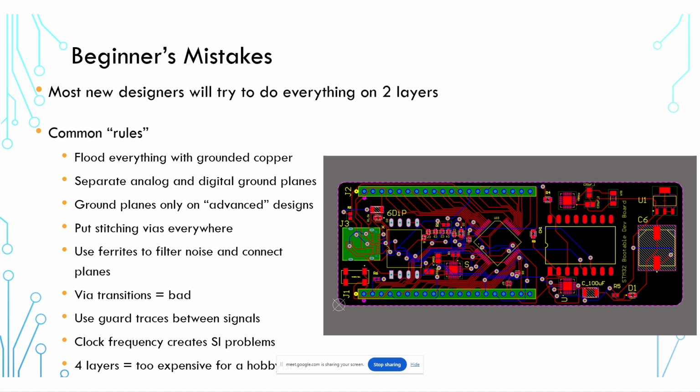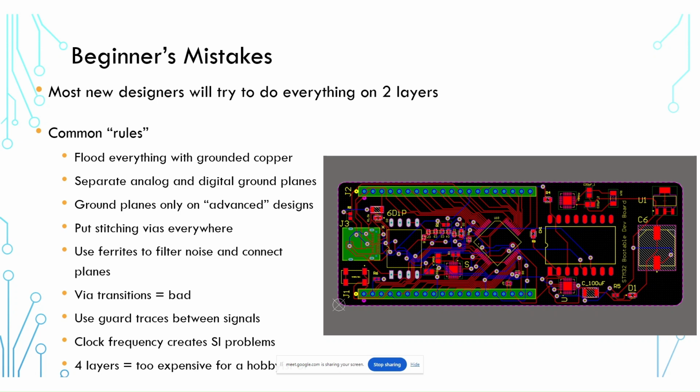But here are some of the common rules that we can pick out from some of this type of board. And you've probably seen this on an example for an Arduino. Some of the common rules are you have to flood everything with grounded copper. There are reasons to do it, but you don't have to do it on every board. There are good reasons to do it on some 2-layer boards, but in some cases you just want to go to a 4-layer board.